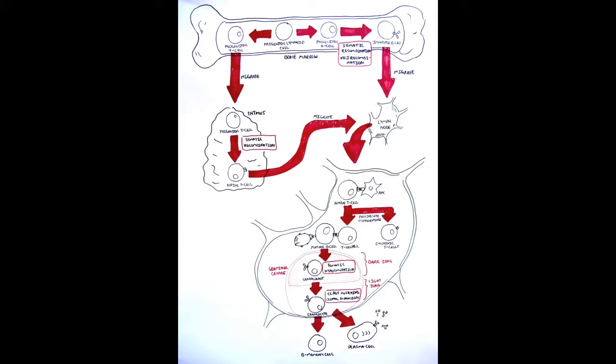Also, in the lymph nodes, you can click on the link on somatic hypermutation and how this increases the affinity and diversity of the antibodies once again, so that it binds to a specific type of antigen. And also on class switching and clonal expansion, how the B cells differentiate into the B memory cells or the plasma cells.